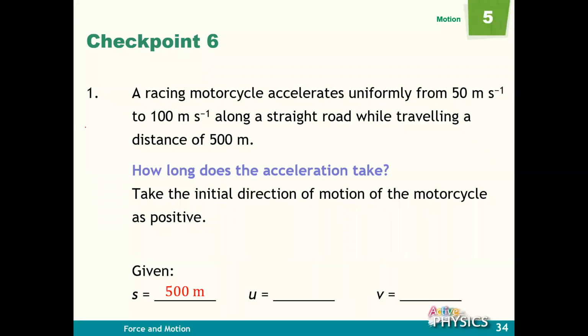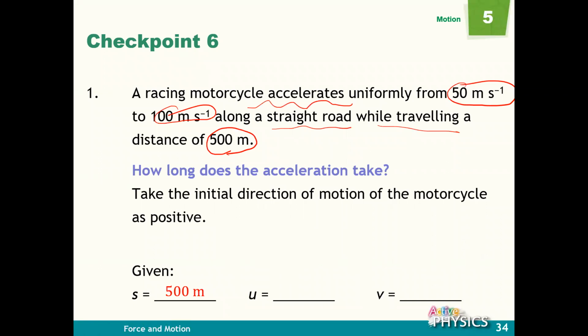A racing motorcycle accelerates uniformly from 50 meters per second to 100 meters per second along a straight road while traveling a distance of 500 meters. Now here are 3 quantities, right?